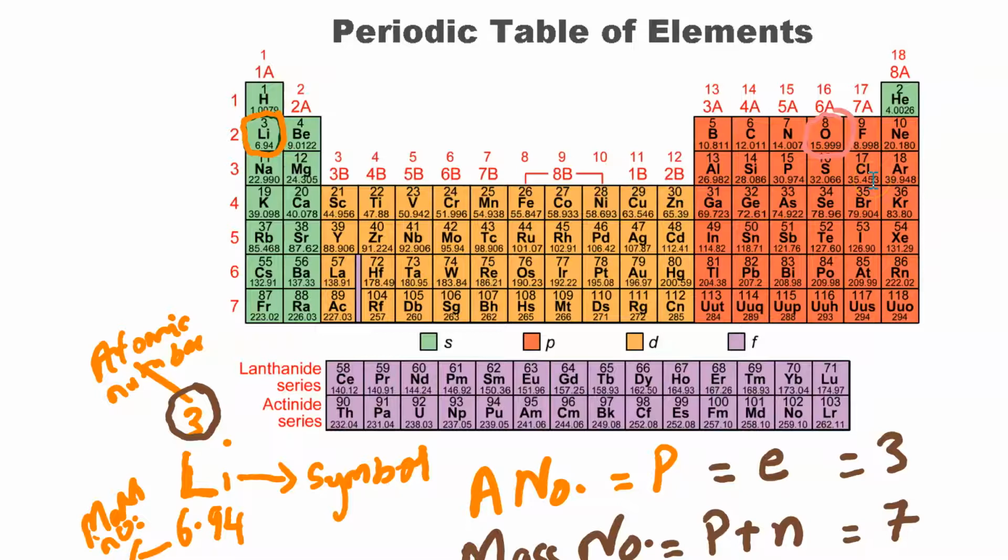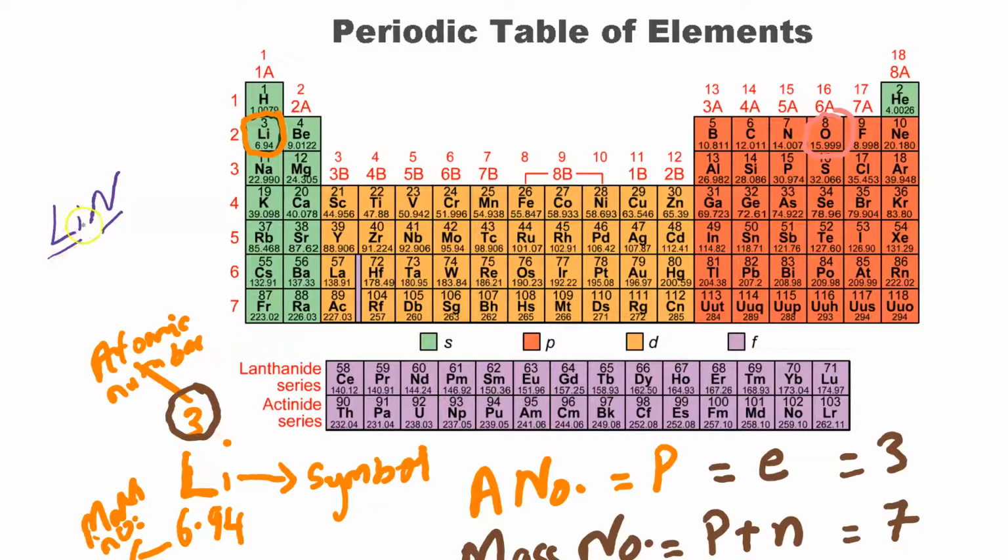So if I have 2 elements, let's say lithium and N, what does that mean? This compound means I have lithium and nitrogen. See, nitrogen is only 1 N. Makes sense?